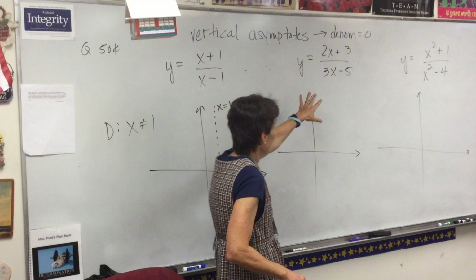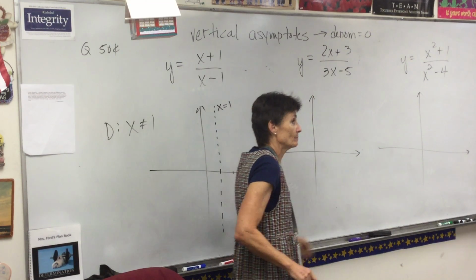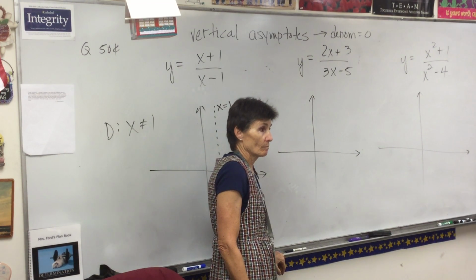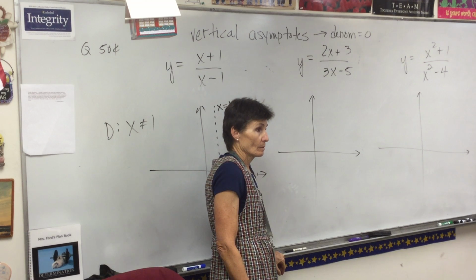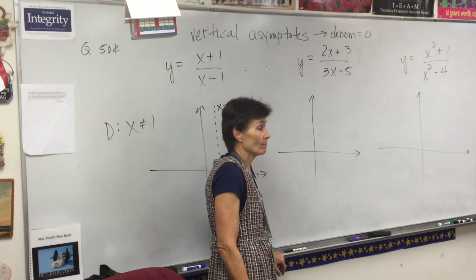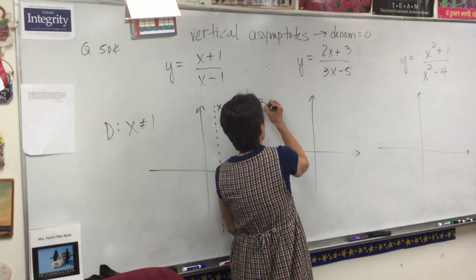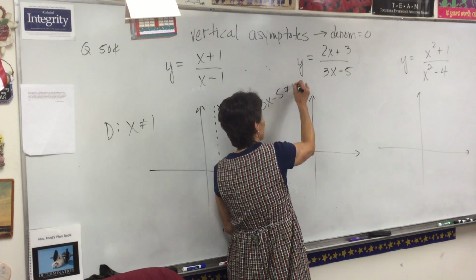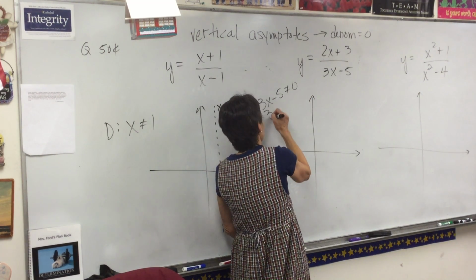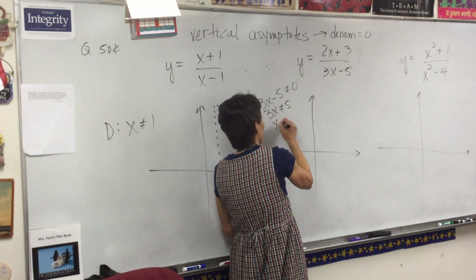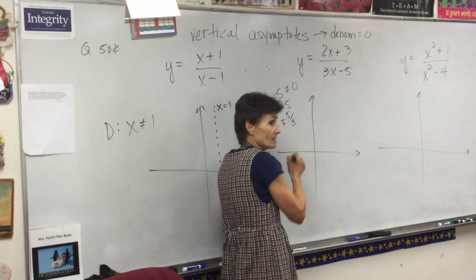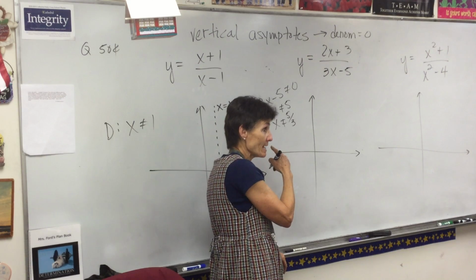So where's the vertical asymptote in this problem? Okay, what would your domain be? Wouldn't it be 3x minus 5 can't be 0? So 3x can't be 5 and x can't be 5/3? That's your domain?